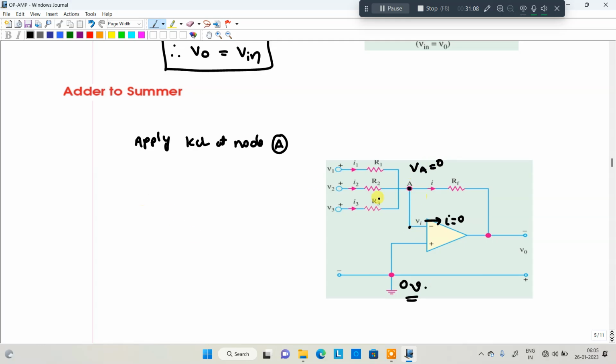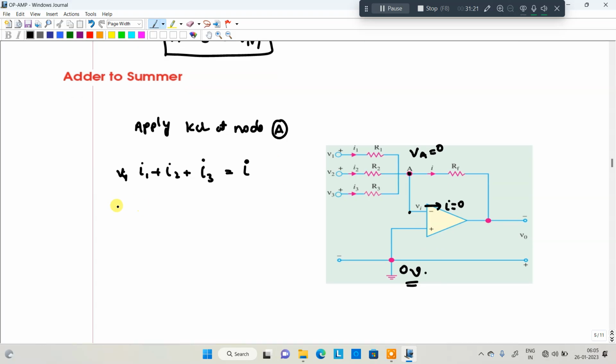Now the currents, there are 3 currents, right? I1 plus I2 plus I3 is equal to I. Okay, what is I1? V1 minus 0 by R1 plus V2 minus 0 by R2 plus V3 minus 0 by R3 is equal to 0 minus V0 divided by Rf.